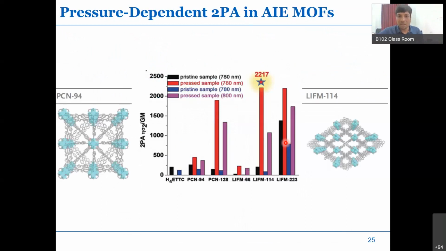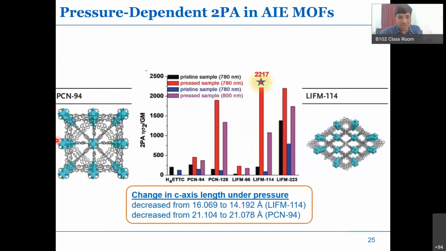Then we started observing the absorption cross sections, specifically for these two frameworks. Why? Because upon applying pressure, the c-axis of the unit cell is significantly reduced in the case of LIFM 114. Of course, they both have the same organic linker as well as the metal node, and the only difference is their packing arrangement.